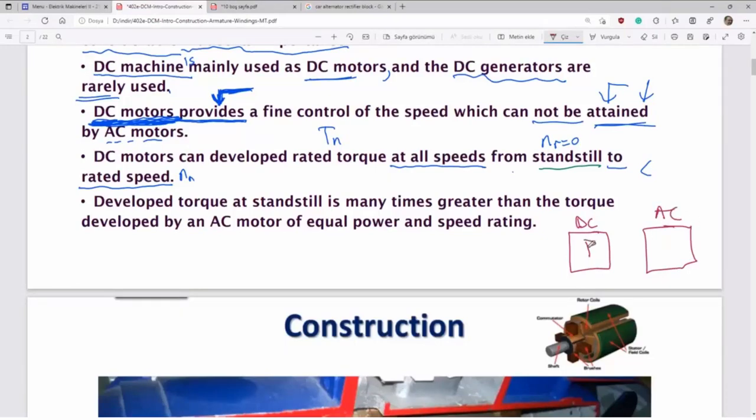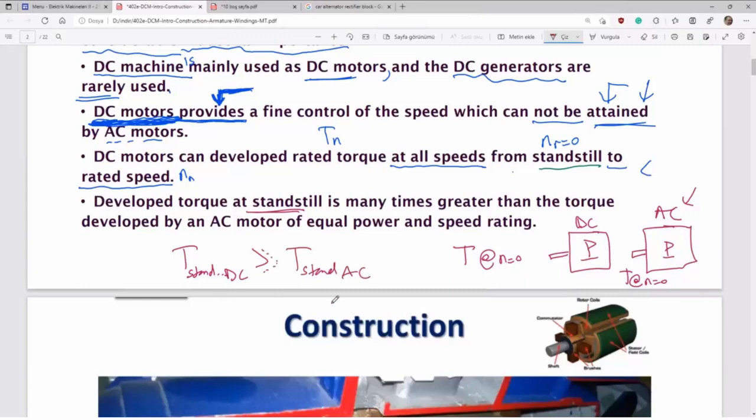Both have the same output power, but the torque attained at standstill, when the speed is 0, is much larger than the torque generated at standstill in AC motors.